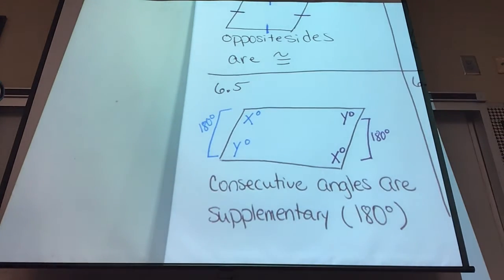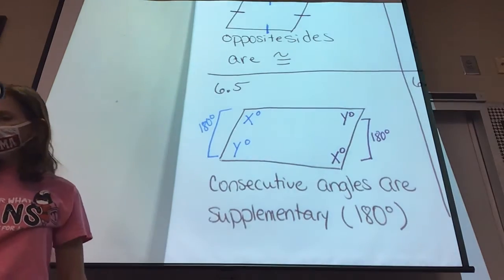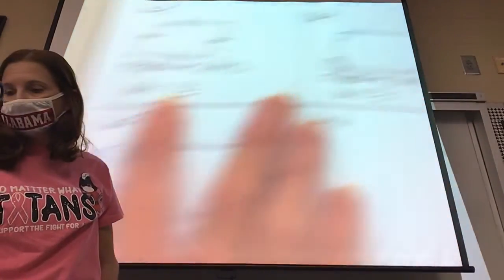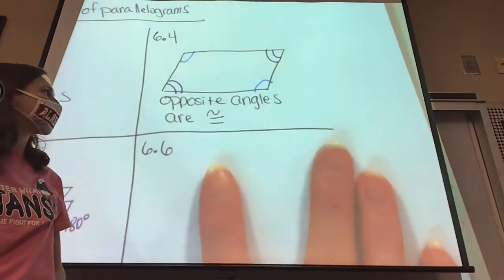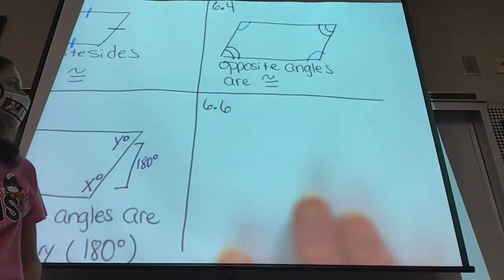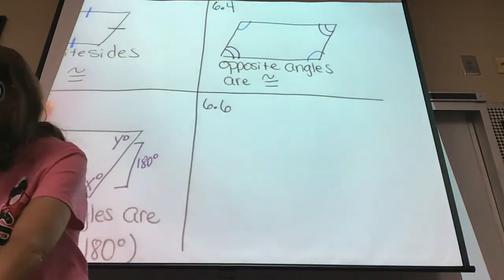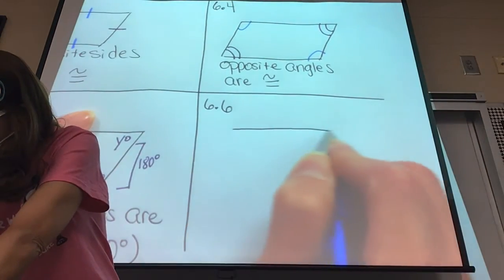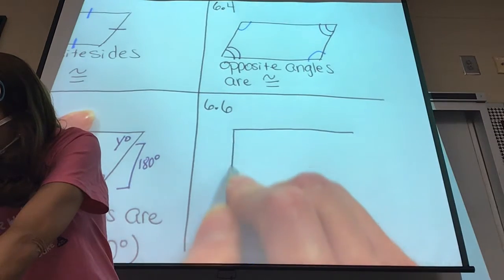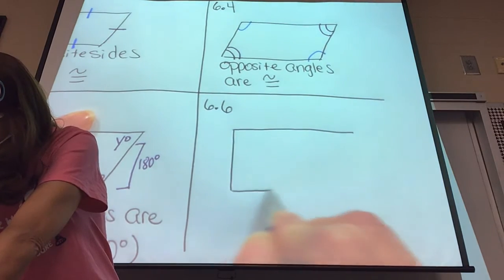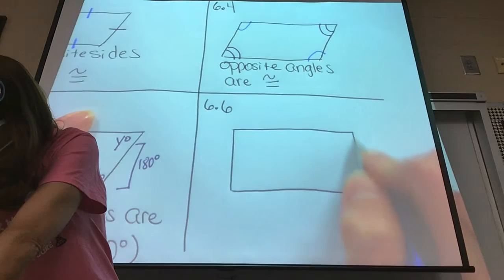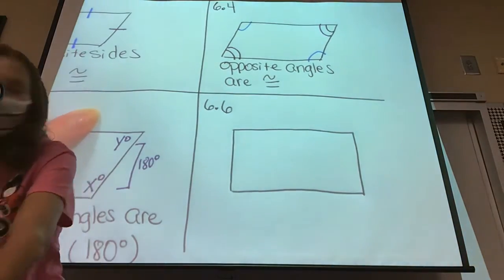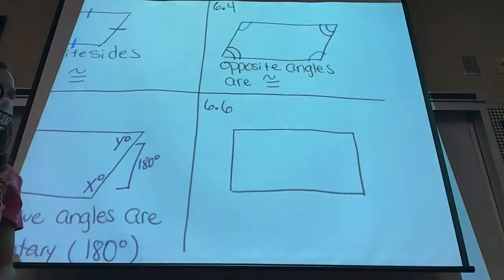It's a perfect rectangle. So here in 6-6, we need a perfect rectangle. So we have a rectangle.